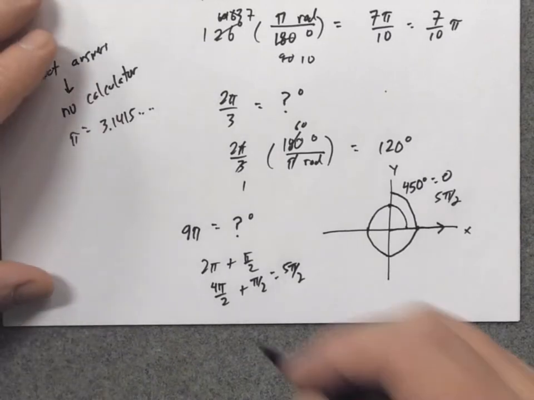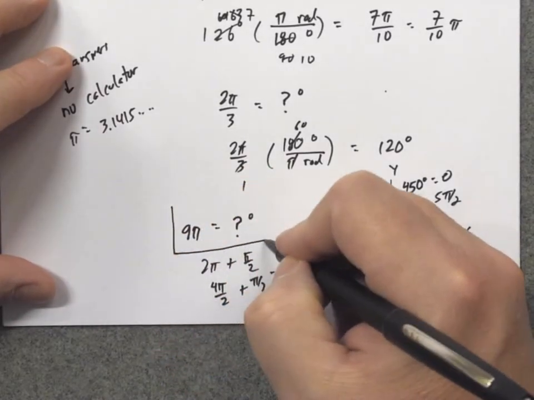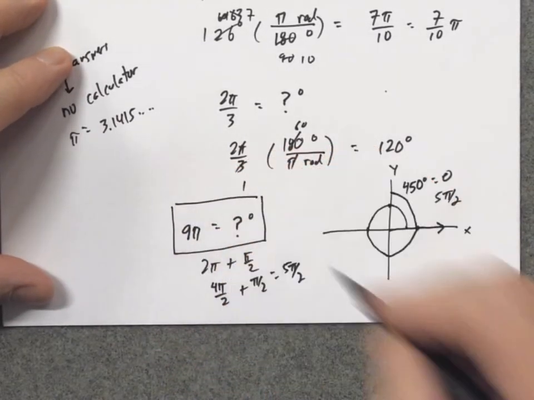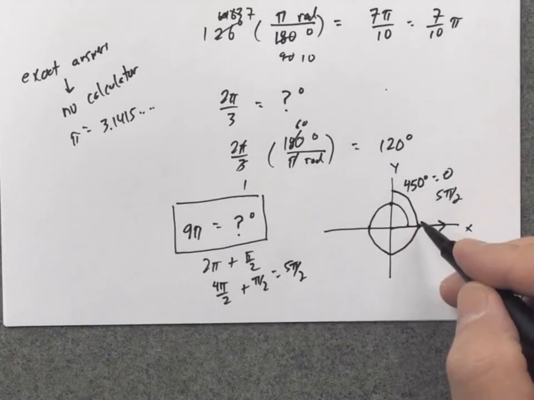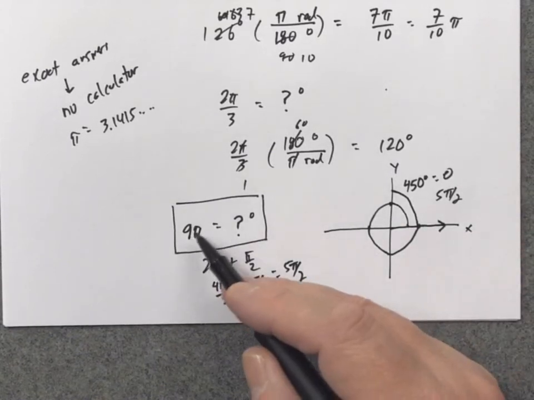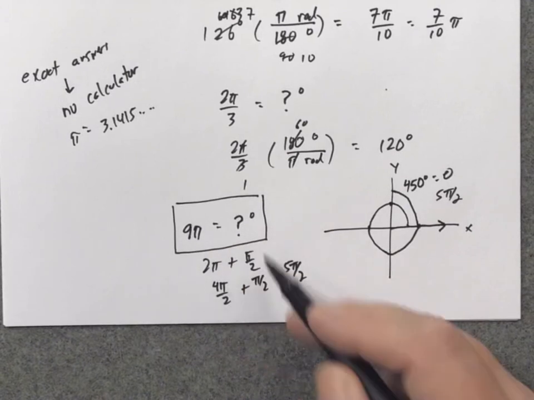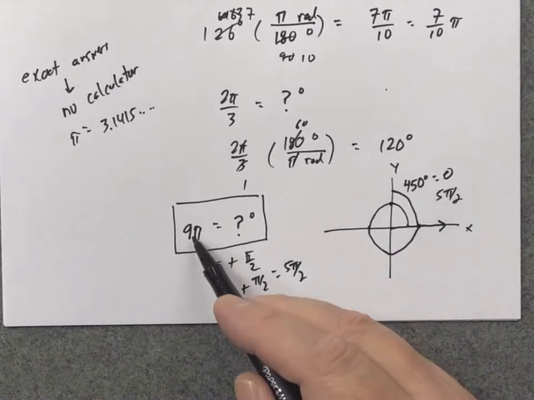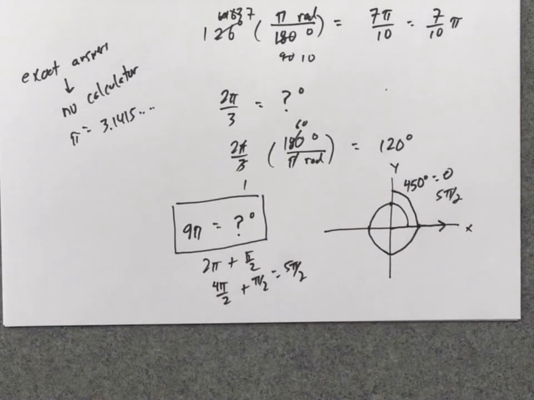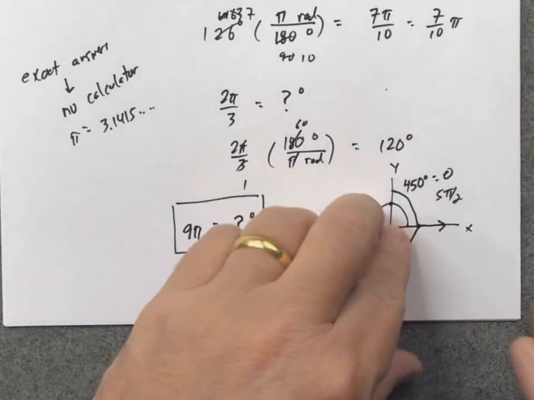So I take a minute to talk about that because look at the angle we're looking at. 9 pi. So actually, if you go all the way around the circle in 2 pi, then here we're going around the circle many times. And what you have to do is sort of reduce this number until it's less than 2 pi.